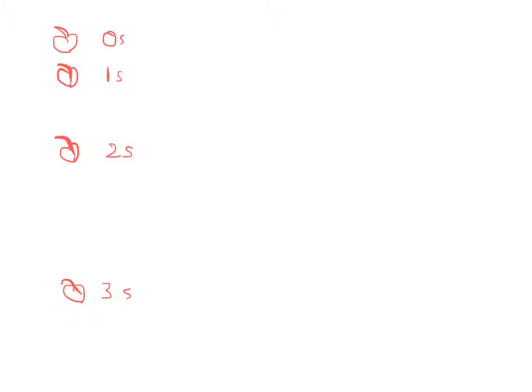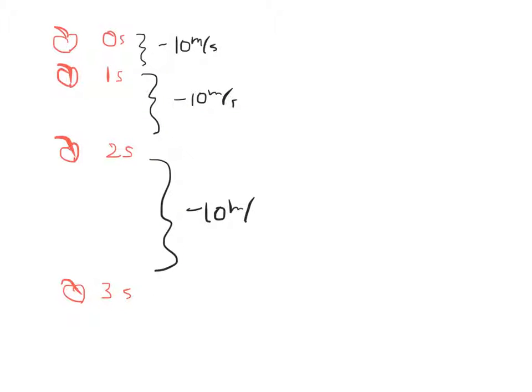If I wanted to figure out how fast it is falling after 3 seconds, just remember that each second we are subtracting 10 meters per second. And then we subtract another 10 meters per second. And then we subtract it again, 10 meters per second. Or we'd be traveling at a velocity equal to negative 30 meters per second.